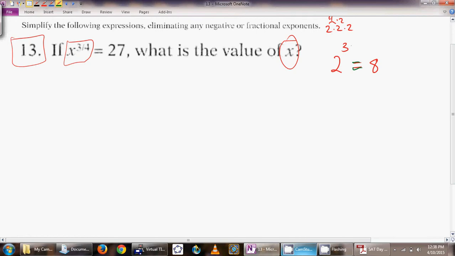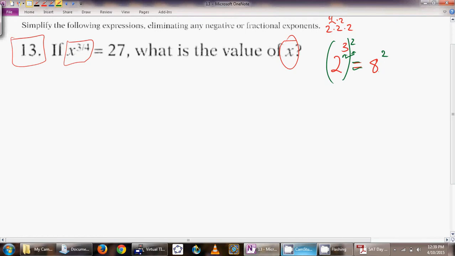So I want to know, when I square 8, how does that affect my left side? The point of this problem is to see what's going on when we raise a power to a power. I'm going to use this example to show you.